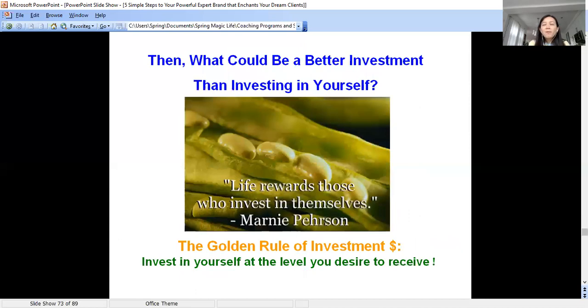Then what could be a better investment than investing in yourself? If you have a big vision and dream, what's better than investing in yourself? The bigger the dream you have, the more you want to invest in yourself, just like I did in the past few years. Before that, my life was contained in a small me and small vision.